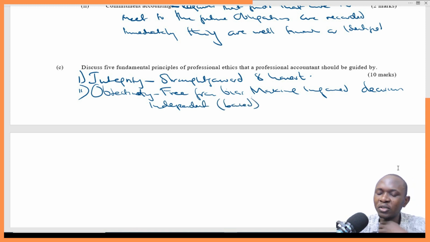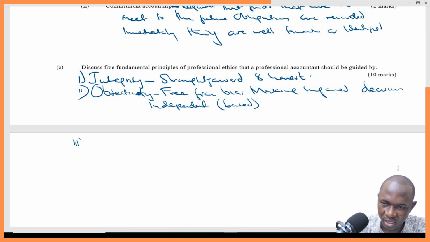So these are factual judgments from a well-reasoned person who is free from bias. Objectivity demands that you put aside conflicts of interest and undue influence, and you focus on the facts that are before you to make a well-informed judgment.